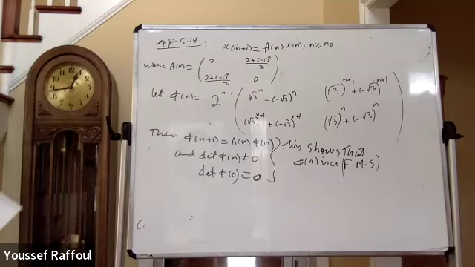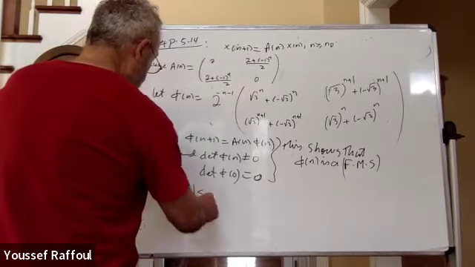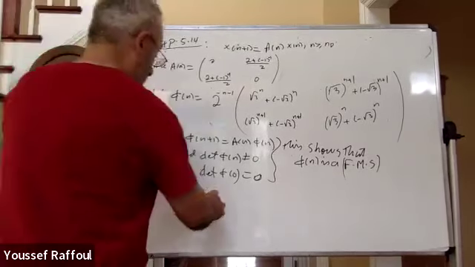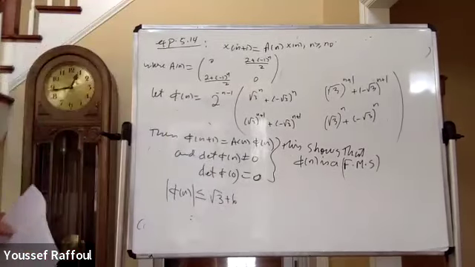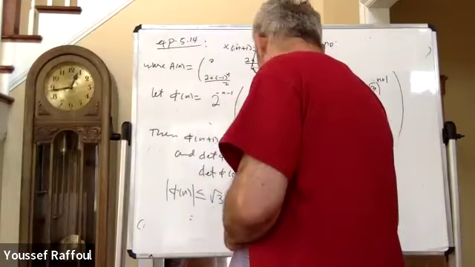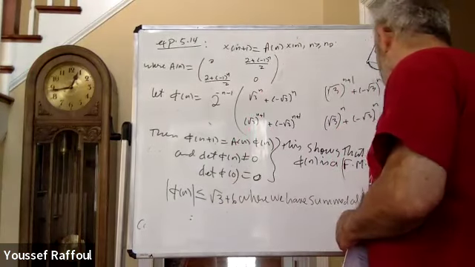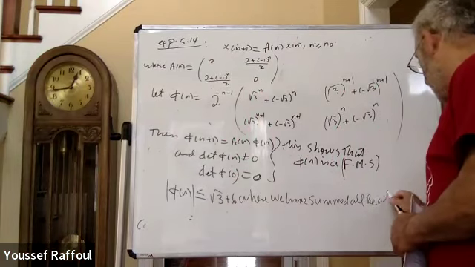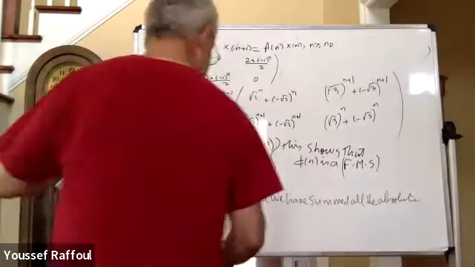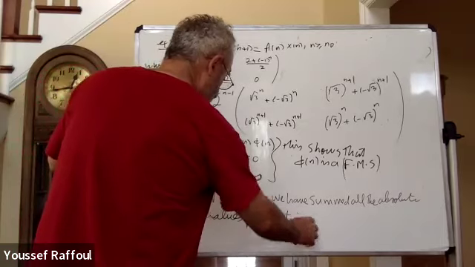And then phi_n is less or equal to the square root of 3 plus 6, where we have summed the absolute value of all the entries of the matrix.